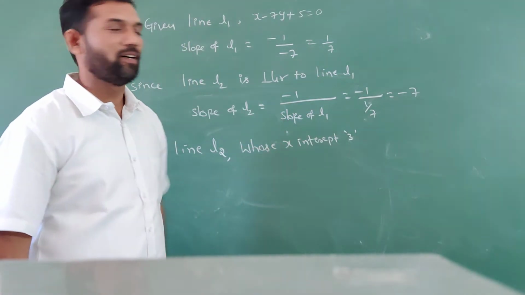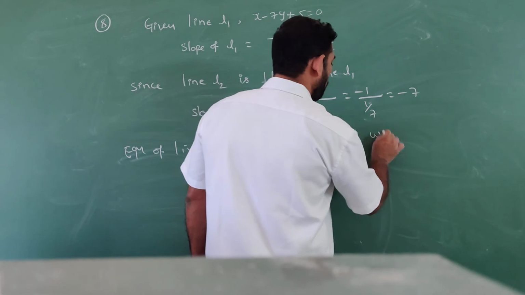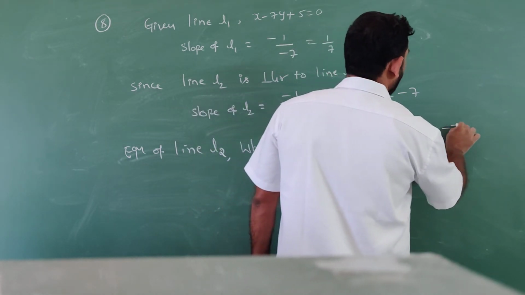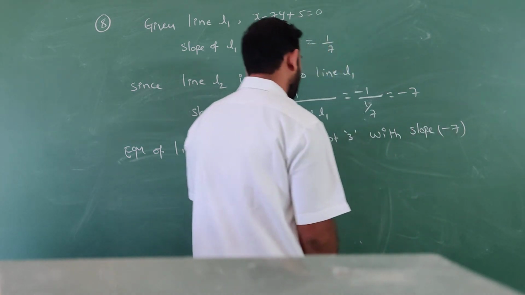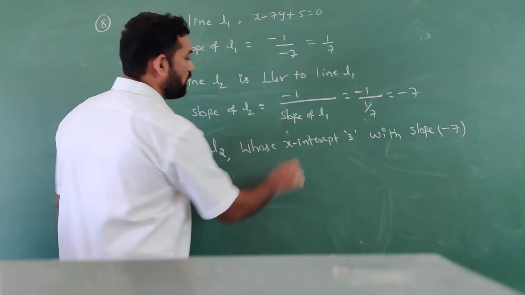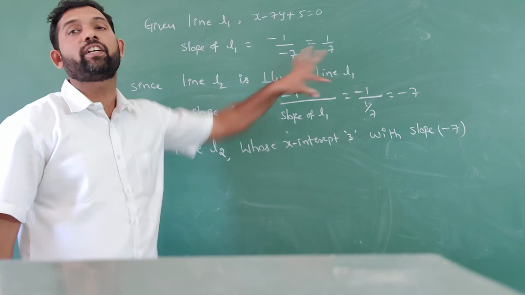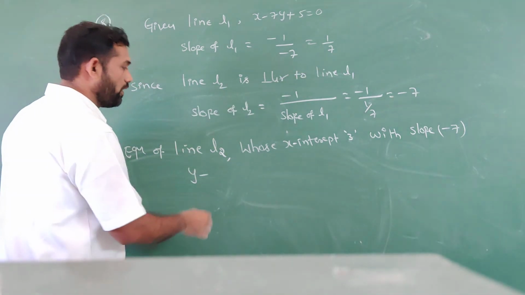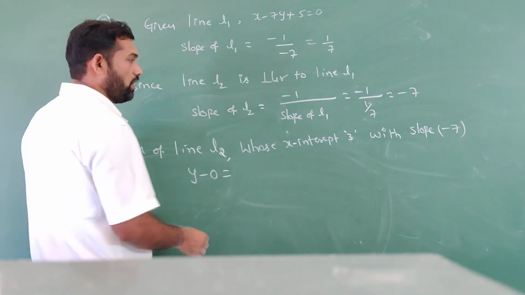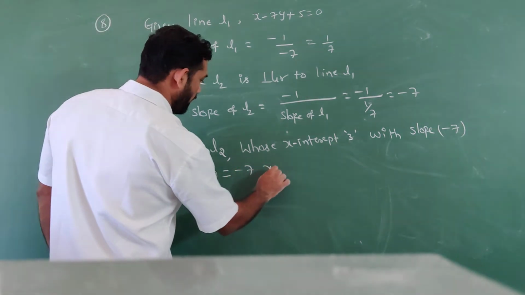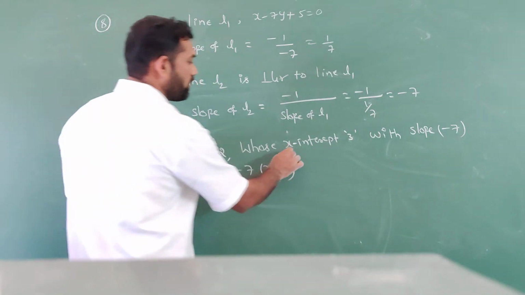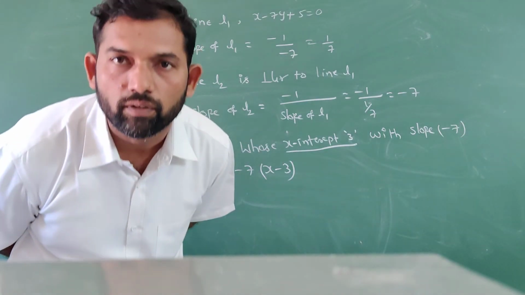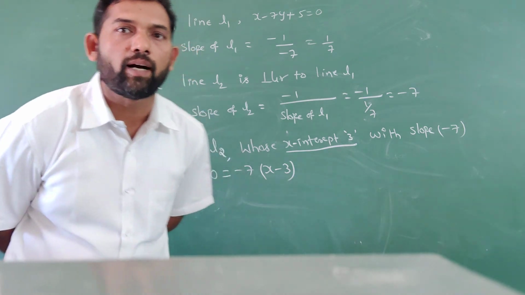Y coordinate is 0, and with the slope minus 7. So x-intercept is 3 means that the point should be 3, 0. So y minus y1, value 0. Slope m value minus 7, x minus 3. So the point should be 3, 0.